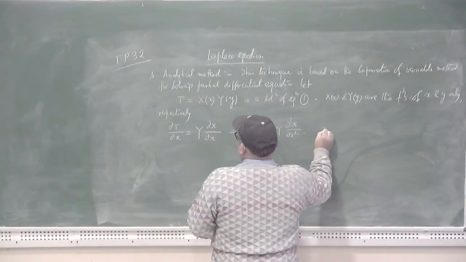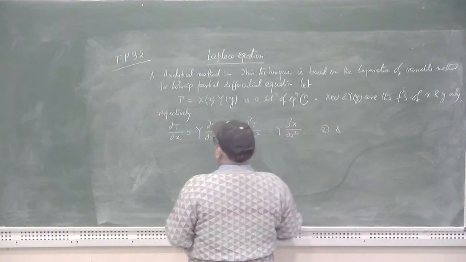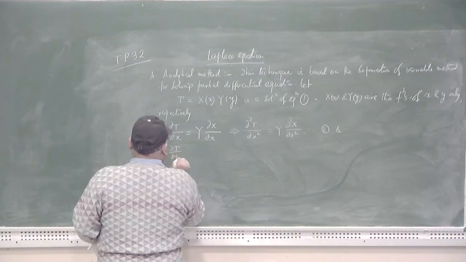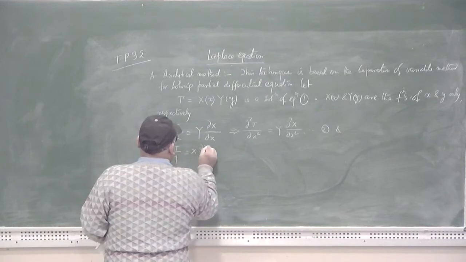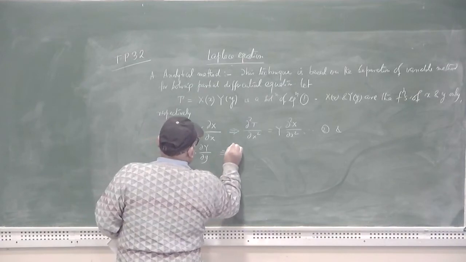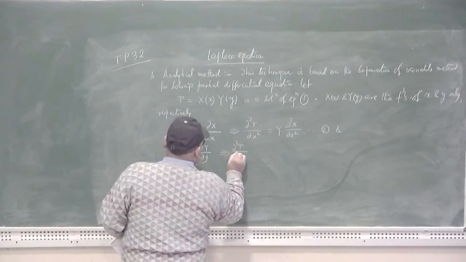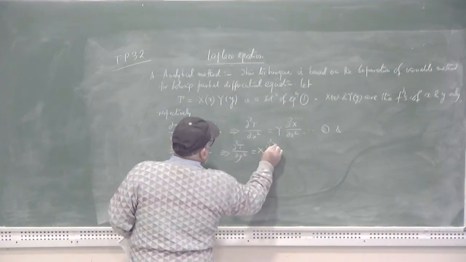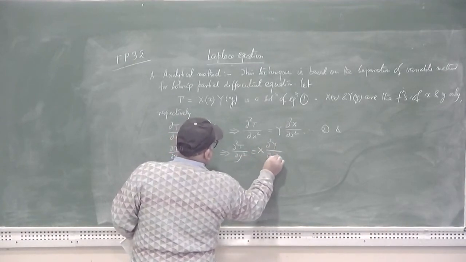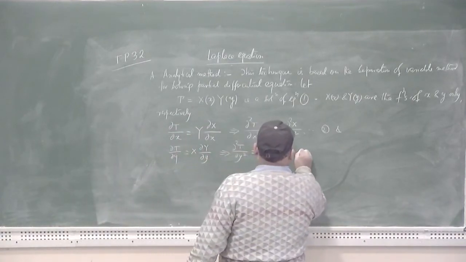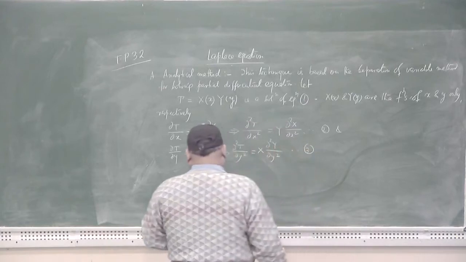Let it be equation number 2. And similarly ∂T/∂y equal to X dY/dy, and ∂²T/∂y² equal to X d²Y/dy². Let this be equation number 3.